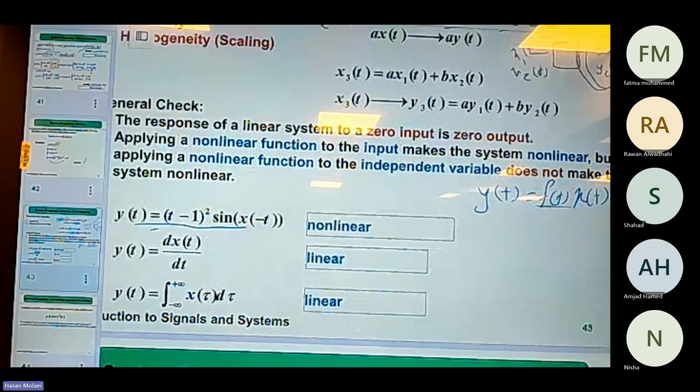If you apply any function on x, it means you are changing its domain. If you add something here, like negative x(t) plus 2, is it linear or not?